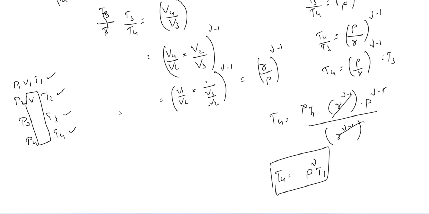What about volume? What is V2? What is V3? What is V4? If in the question they ask volume, you have to find V equals MRT divided by P. See, V2, T2, P2. Okay, you got V2. Same way, V3 equals MRT3 by P3.